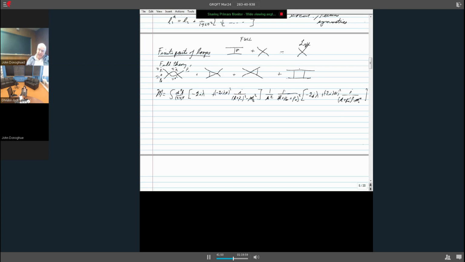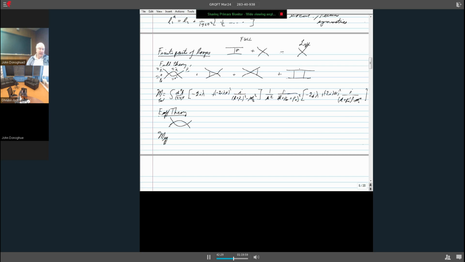If I can complete this, then the other one here is plus 2i lambda v squared, i over k plus p prime minus squared minus ms squared. Okay, p prime is the pi minus going out on the final side.